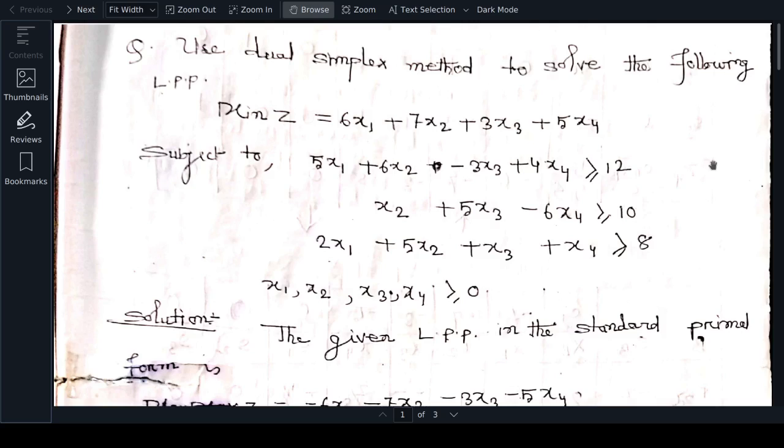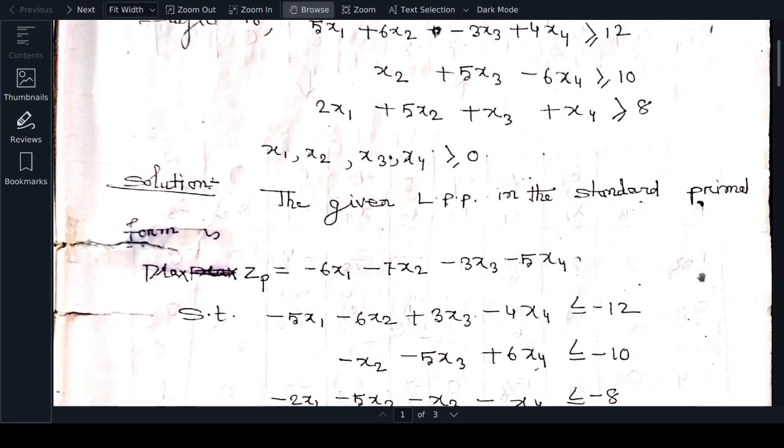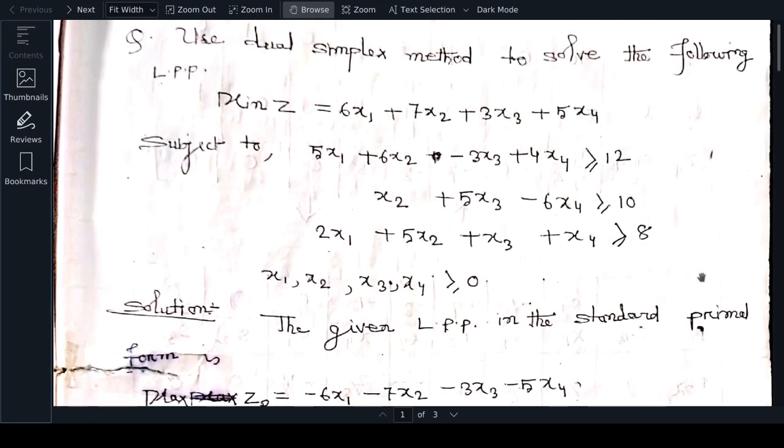So first you see, your objective function is minimization, and here all the constraints are greater than or equal to. Okay. So what is the standard form of the dual simplex method?